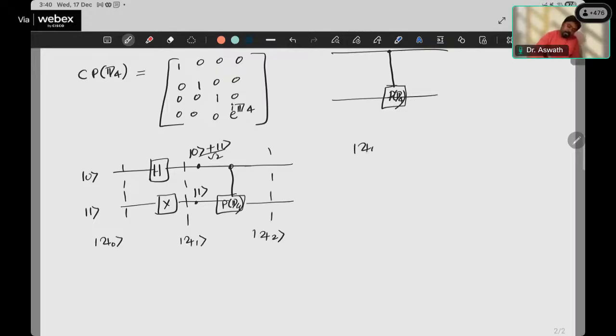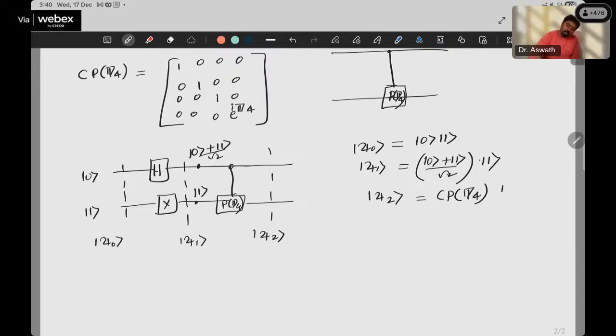Okay, psi naught is 0 1, psi 1 is (0 plus 1) divided by square root of 2 multiplied by the 1 ket. And psi 2 is the controlled phase acting on psi 1. Okay, to understand that, psi 2 is CP pi by 4 acting on (0 1 plus 1 1) divided by square root of 2.